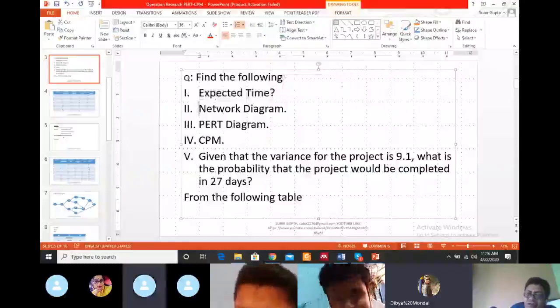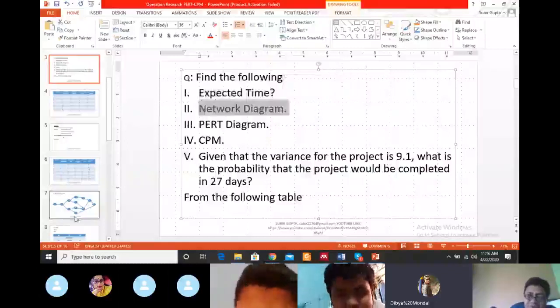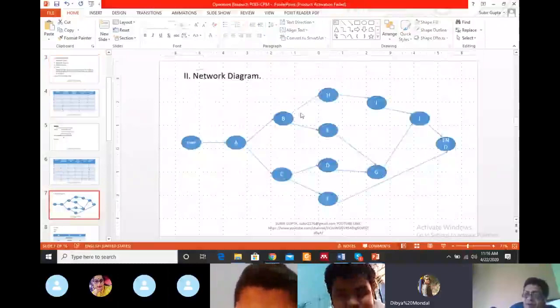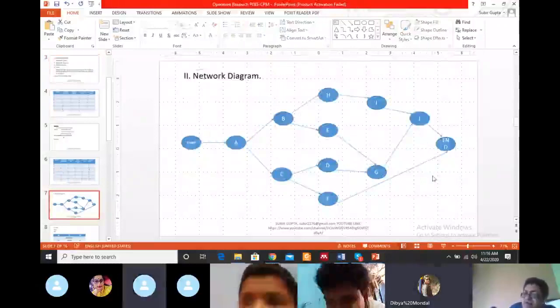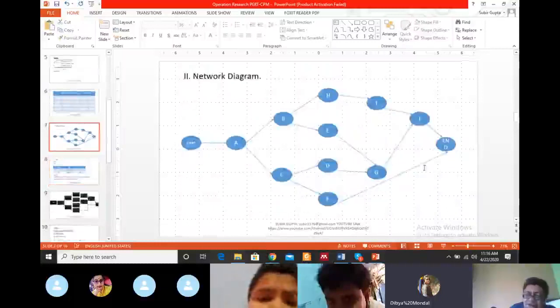Now we go for the network diagram. In case of network diagram, be careful. There is some virtual level. Suppose the start is the first level.